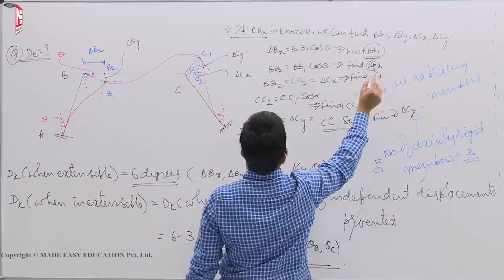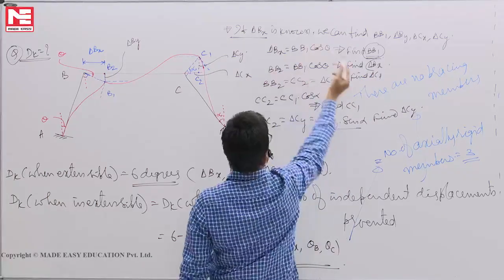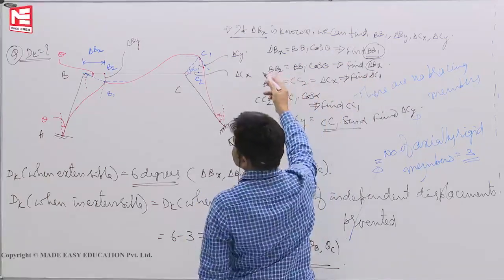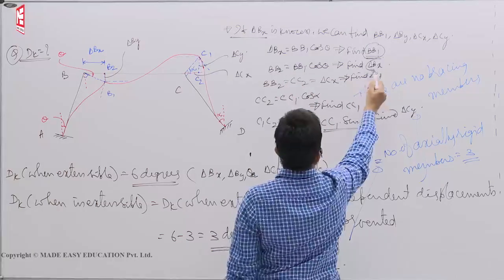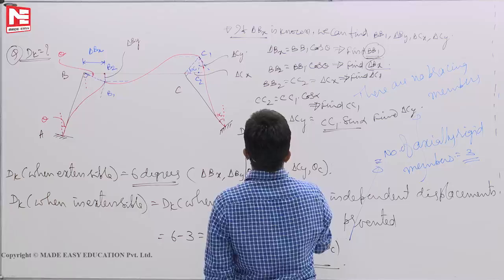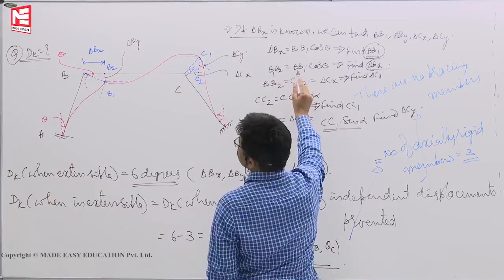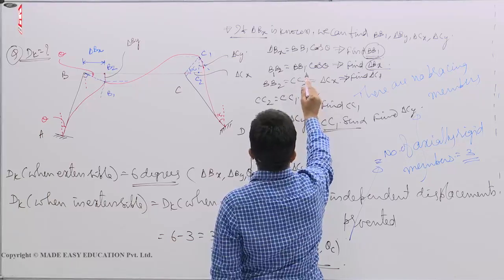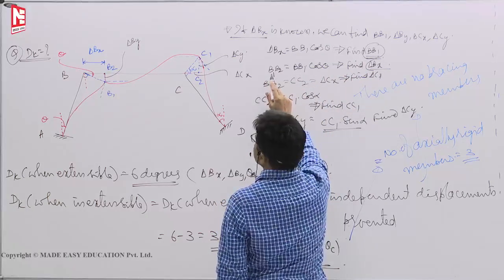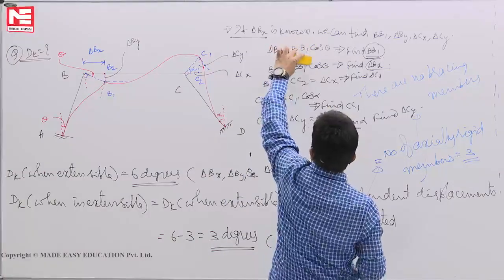Delta Bx is already known to us. Again we have written that delta Bx is known. B1 B2, because that is already known to us, means BB1 sin theta.